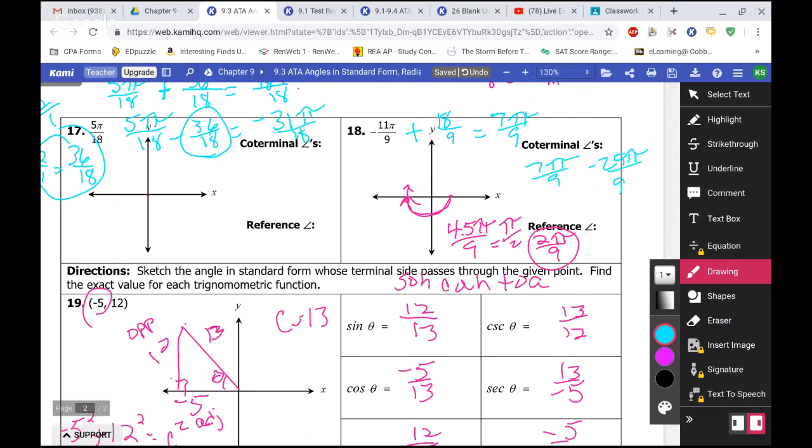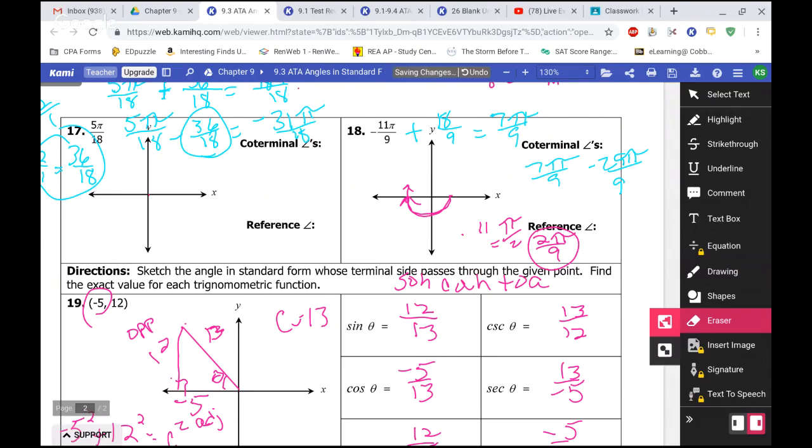Okay, so now when we're looking at reference angles, I just subtract 5. So, is it 36 pi over 18? Well, what I would do is you still kind of have to get an idea of where it is. And number 1, it's negative, so I'm going to be traveling clockwise, not counterclockwise.